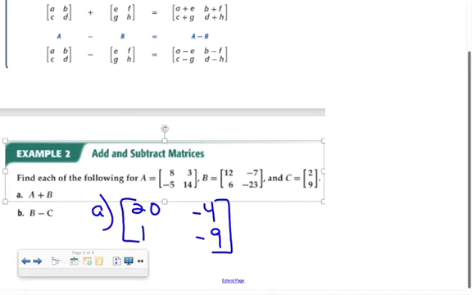In part B, I'm asked to subtract matrix B minus matrix C. But since they do not have the same dimensions, it does not exist.